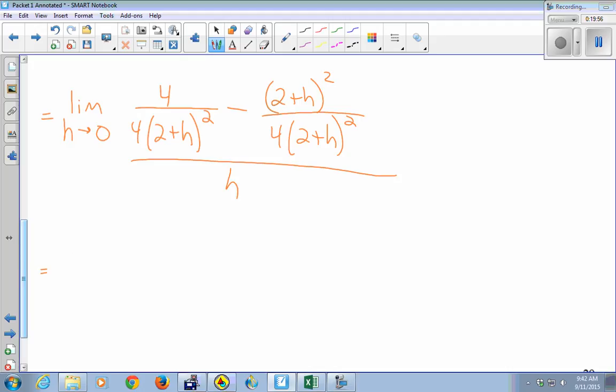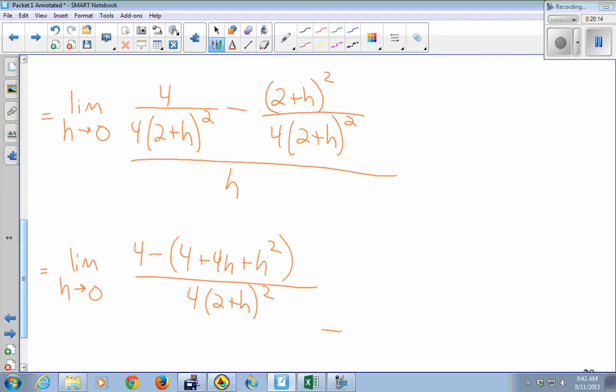So this is going to be the limit as h approaches 0 of 4 minus, when I square that out, I get 4 plus 4h plus h squared, all over my common denominator of 4 times 2 plus h squared, all over h.